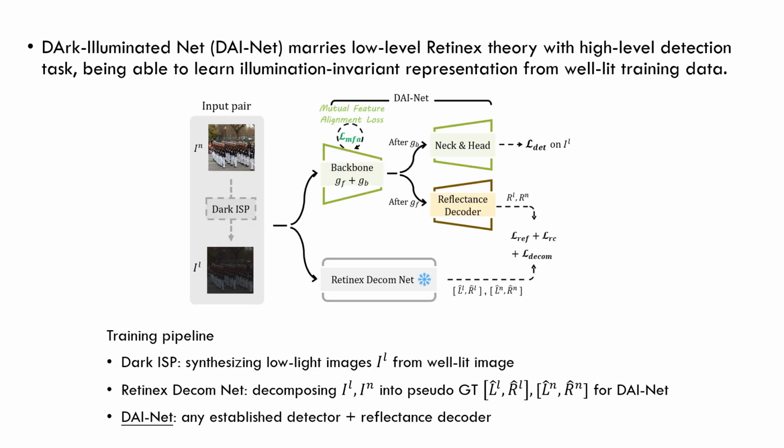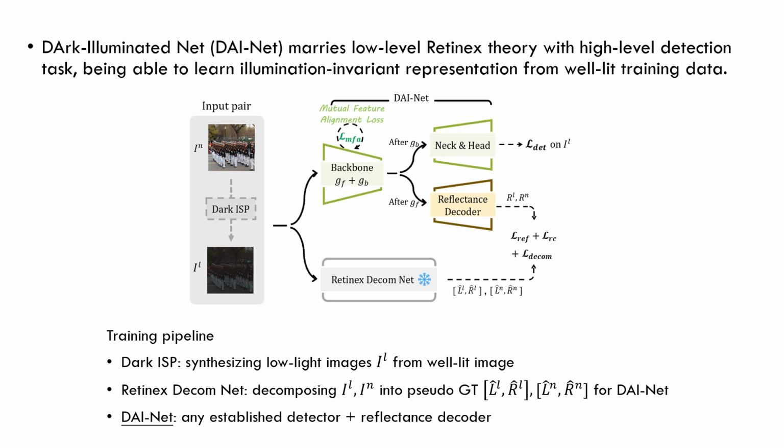Our solution is that we propose the Dark Illuminated Net, shortened as DAI-Net, which is able to learn illumination invariant representation from only well-lit training data. And here we show the training pipeline. It consists of three components during training. The first is the dark ISP that synthesizes low-light images based on the given well-lit image to create a pair of input images.